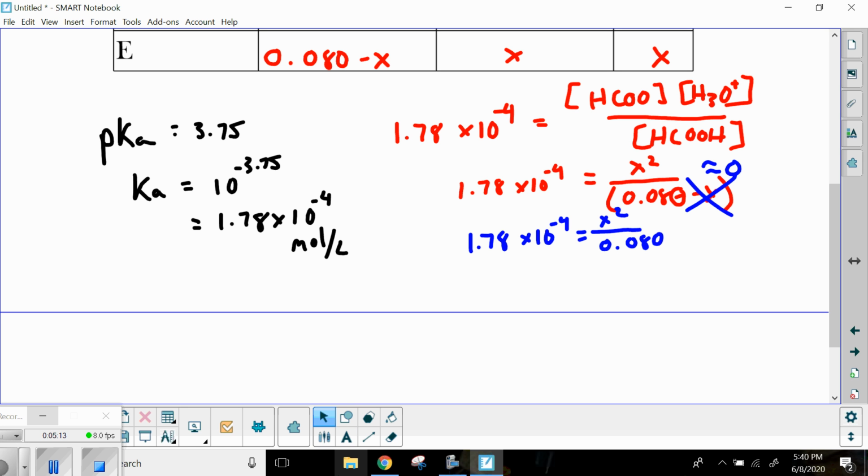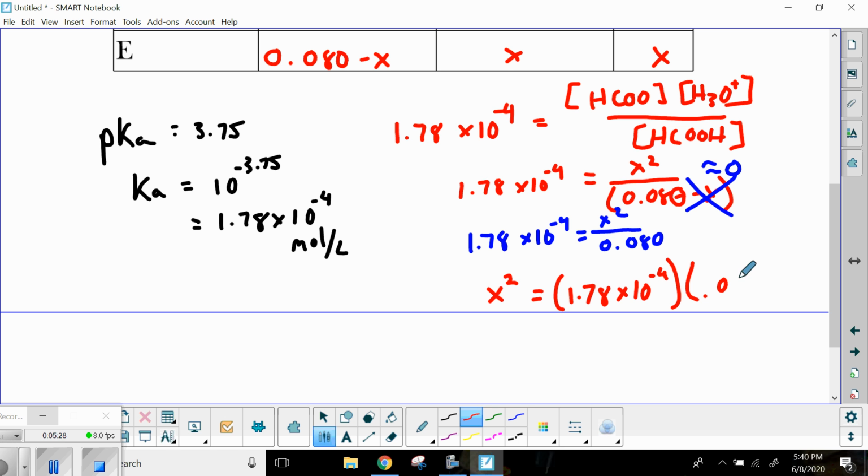You're going to rearrange this equation where X squared is going to be 1.78 times 10 to the negative fourth times 0.080. I'm going to put that into the calculator.